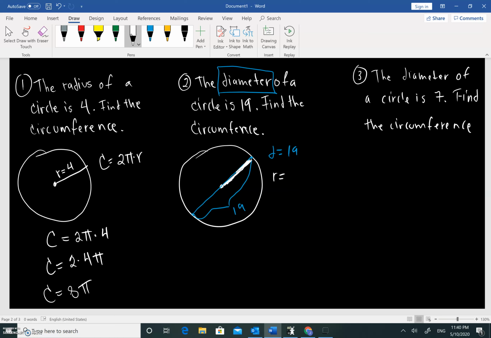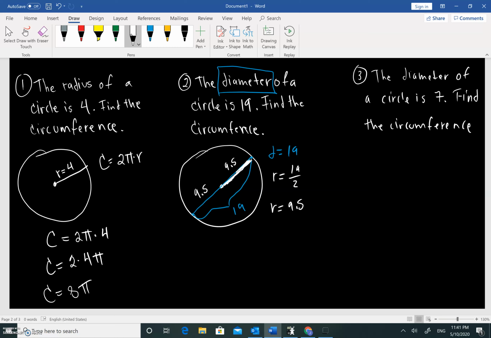So r has to be 19 divided by 2. So 19 divided by 2 is 9.5, right? And that makes sense, right? Because if this is 9.5 and this is 9.5, then when you add them together, you get 19.